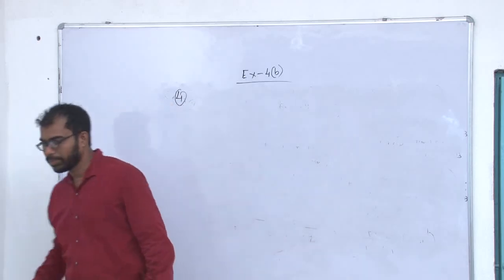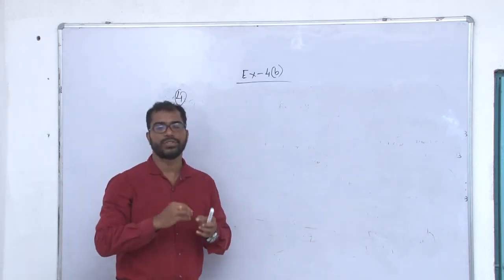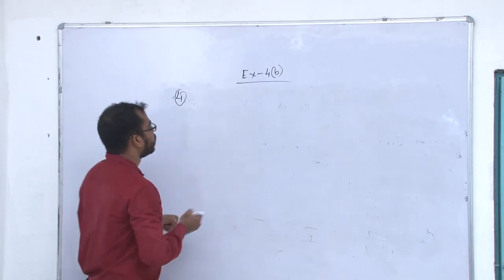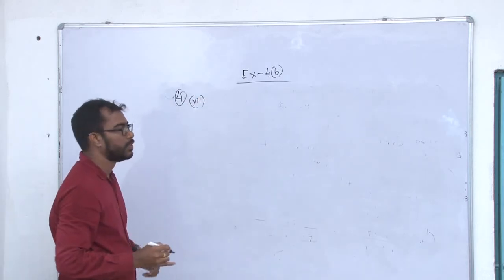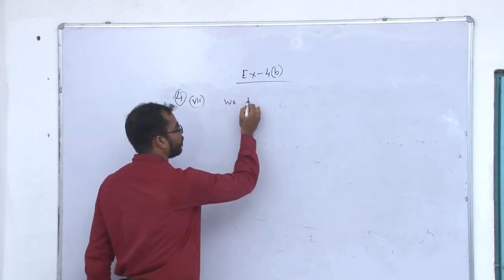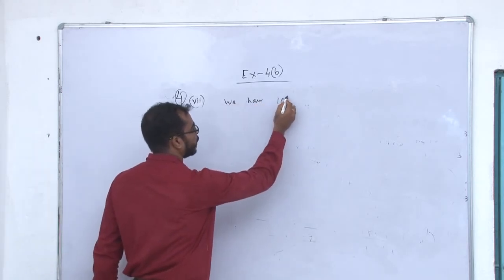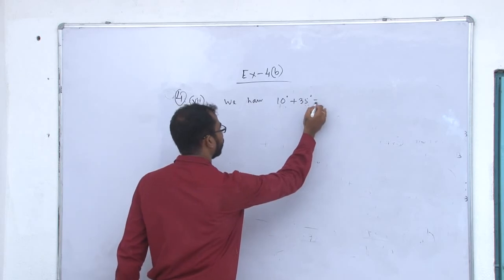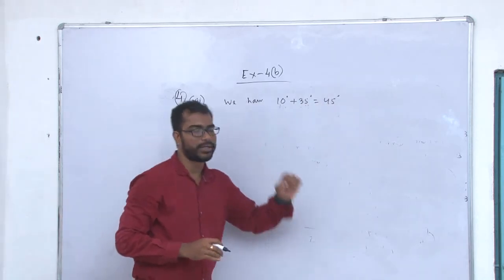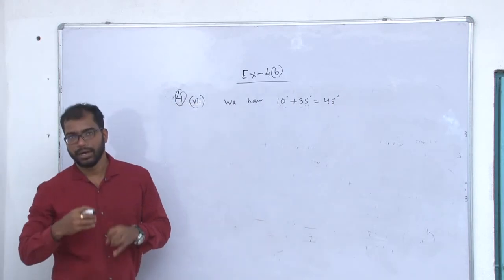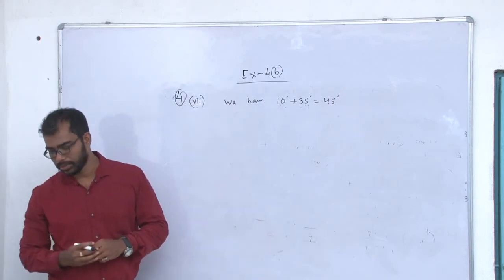We have to prove it in terms of theta, which is 10 and 35. We have 10 degrees plus 35 degrees is equal to 45 degrees, because 10 degrees and 35 degrees are involved in the given question.